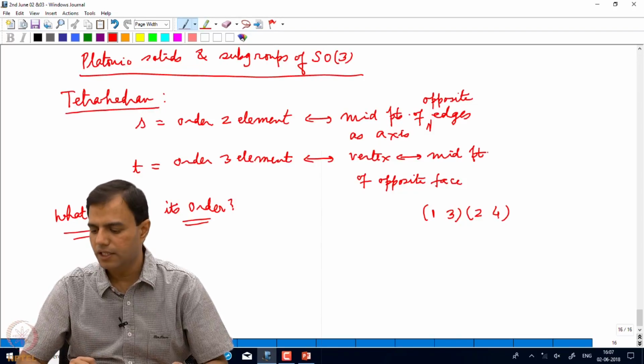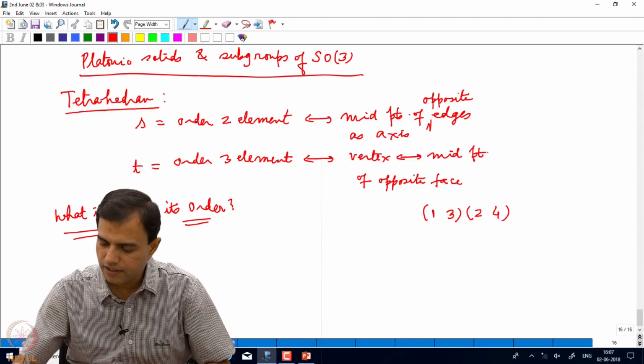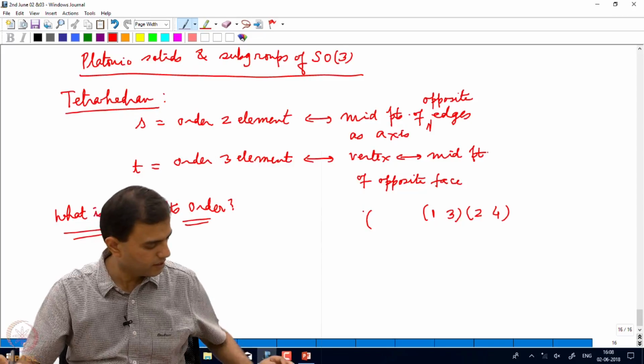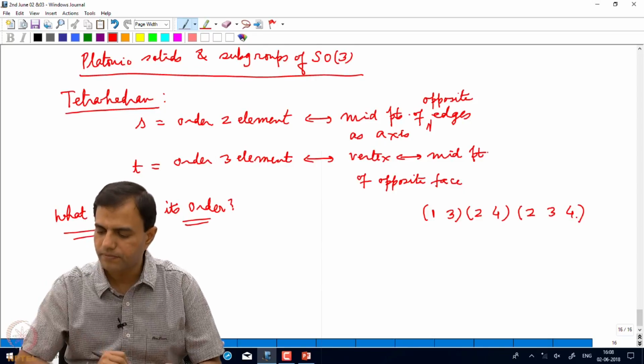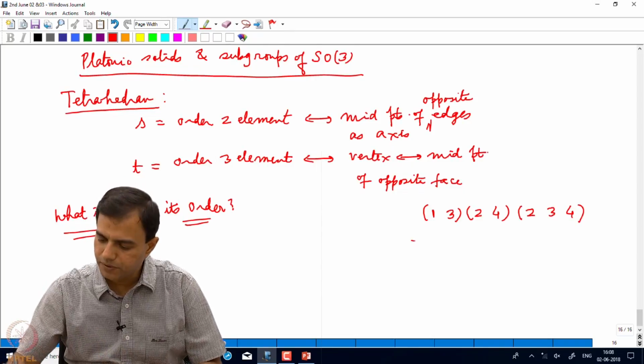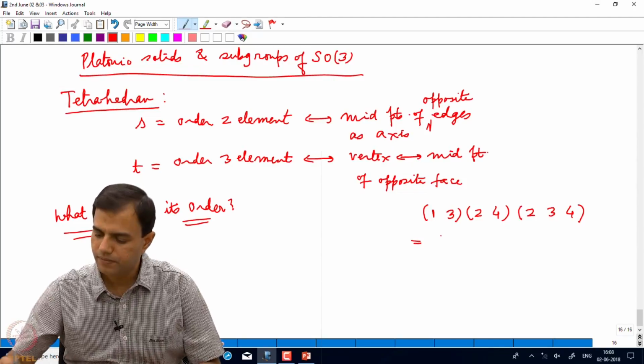And what is T? I am writing S here, so T, say for example (2 3 4). Let's compute what it is.